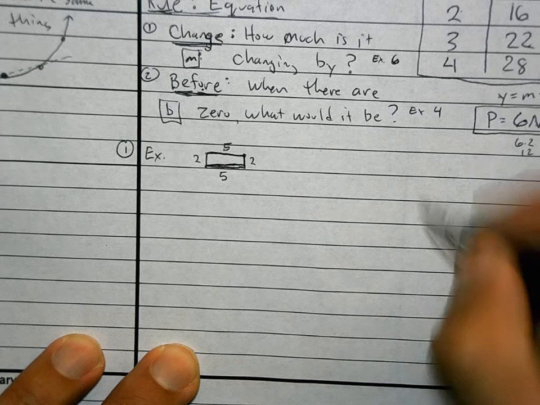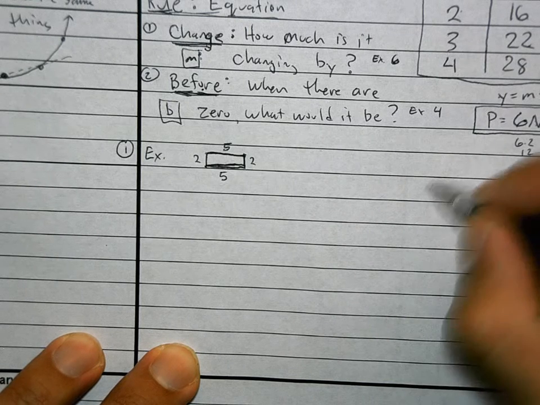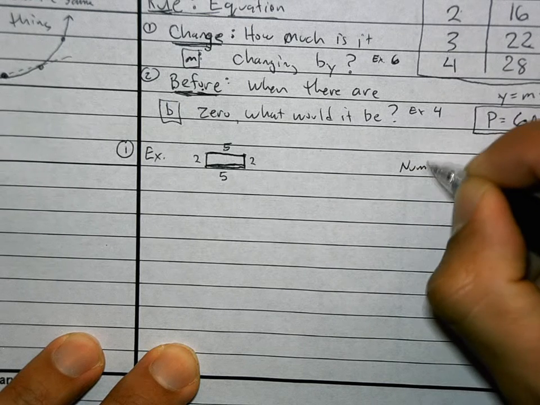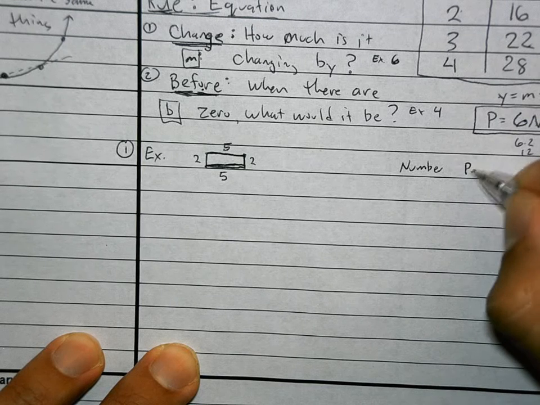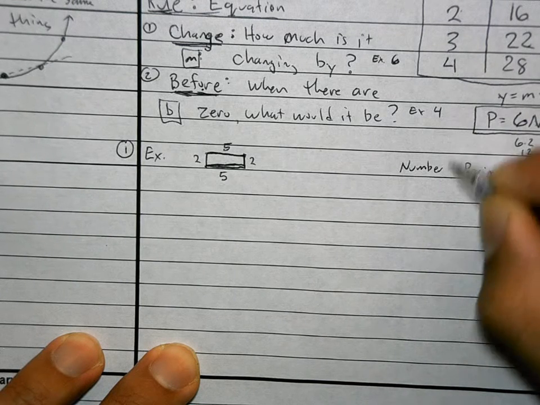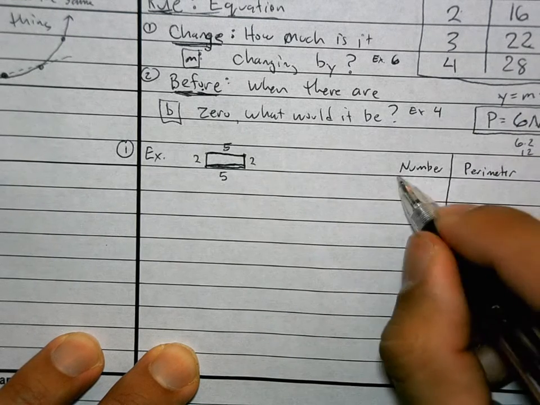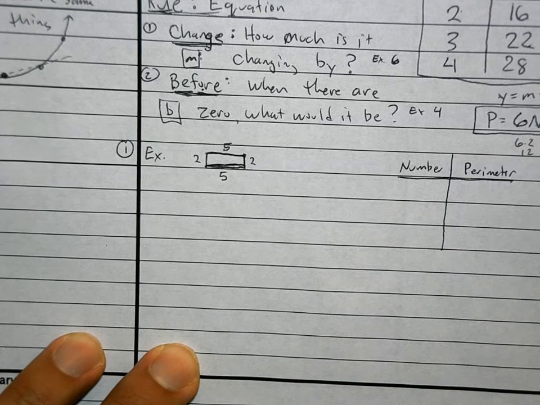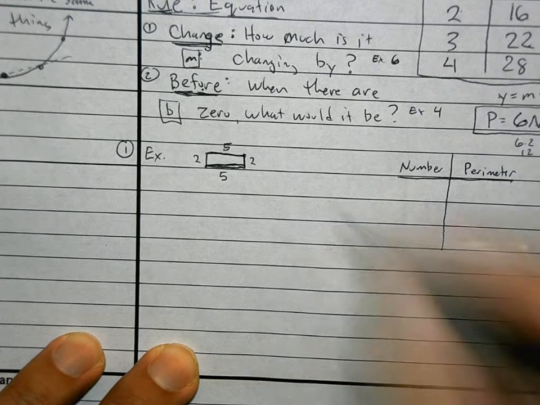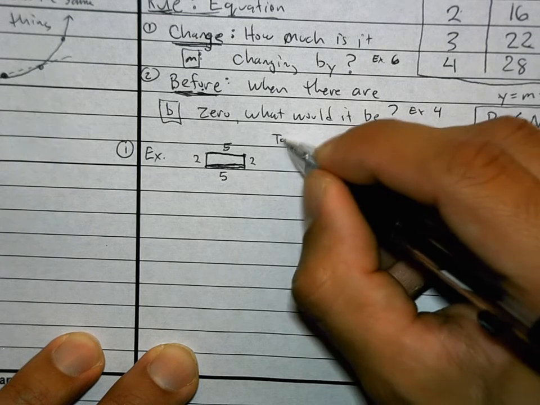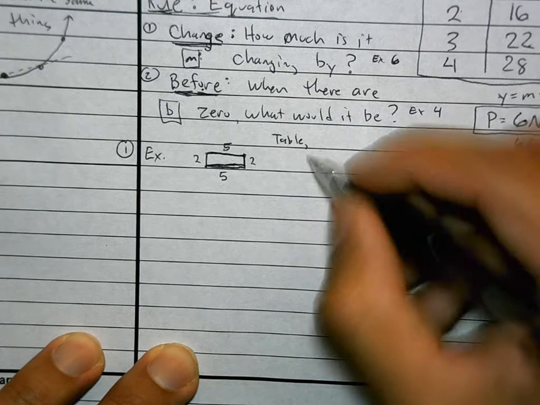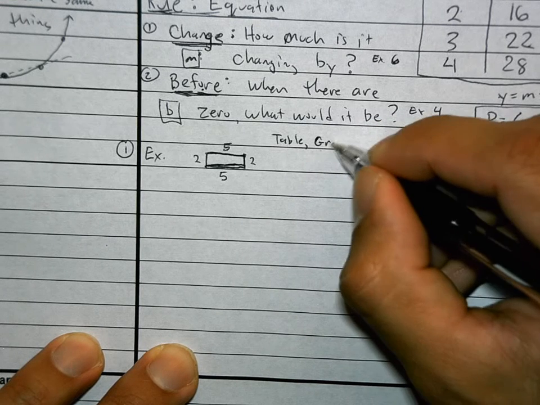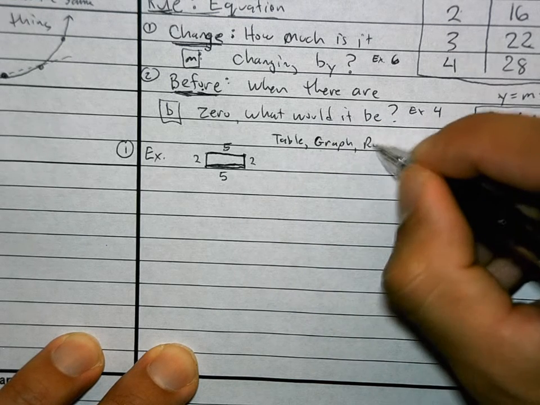And we have a number, and we have a perimeter. And you're going to be asked to do 3 things. You're going to be asked to make a table, you're going to be asked to graph, and you're going to be asked to do a rule. These 3 things.